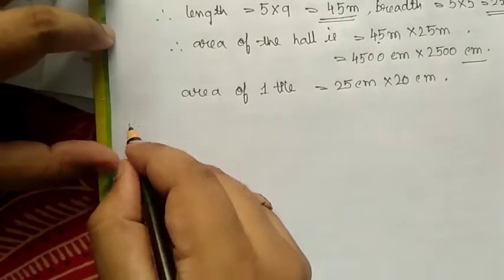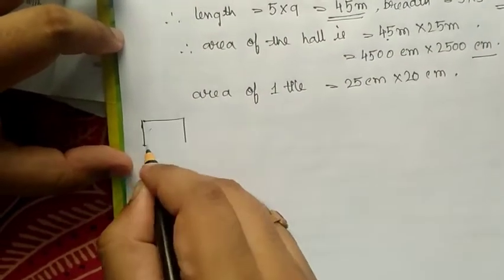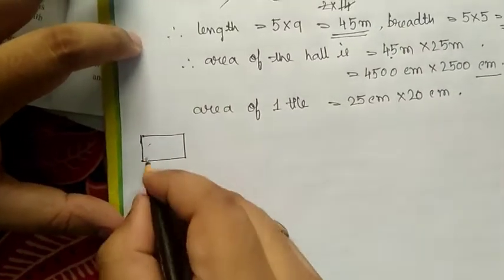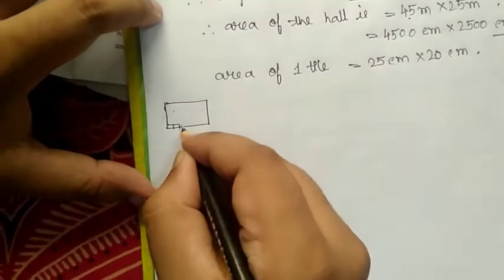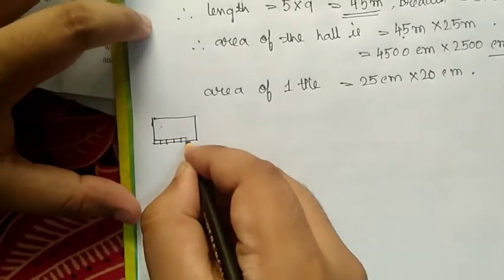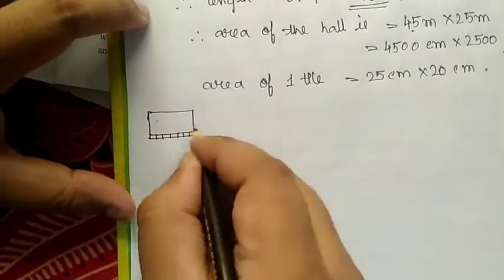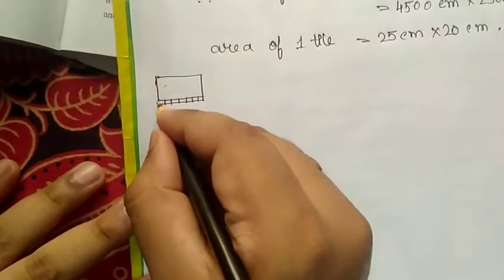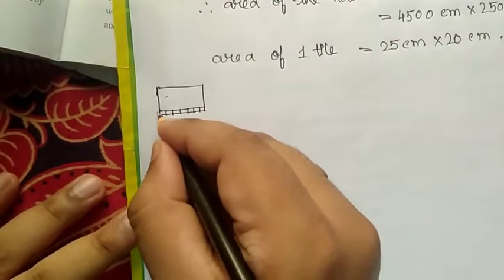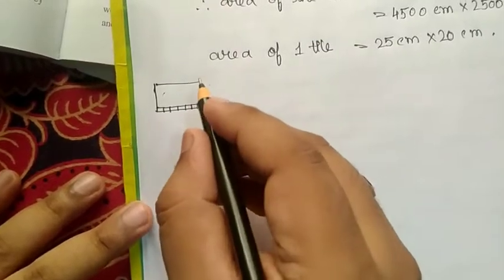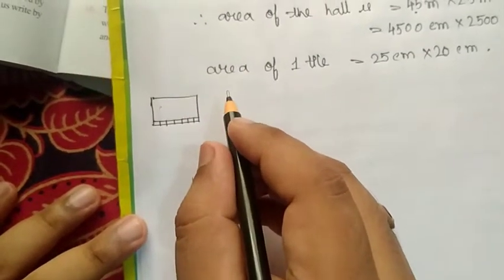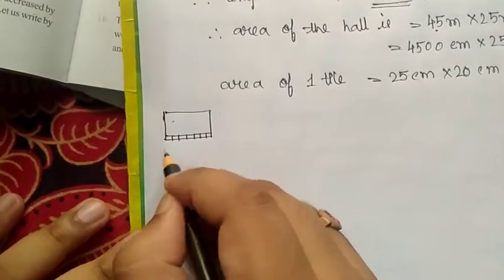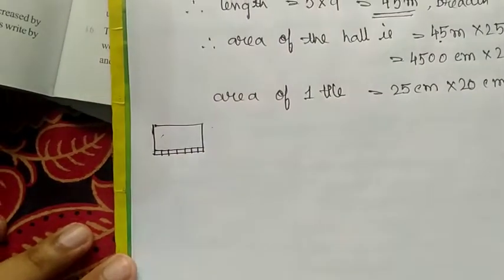So suppose this is the hall. So if we know the area of the hall and this is the small tile like this one, and it continues in that portion. So suppose if we find one tile's area, and then divide the area of the total hall by it, we find the number of tiles.